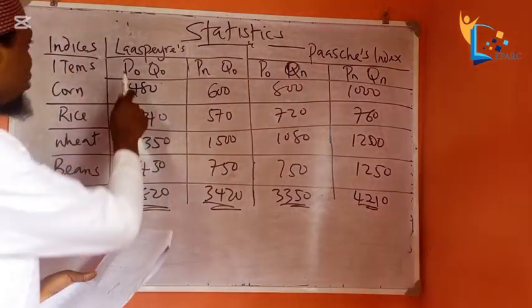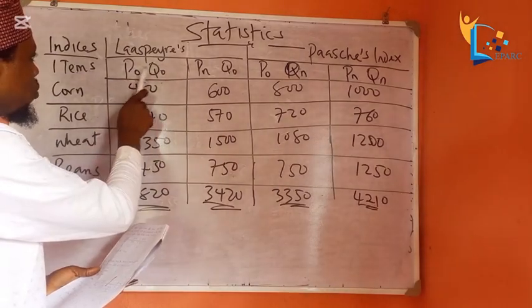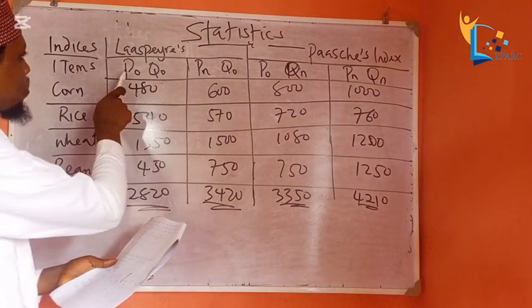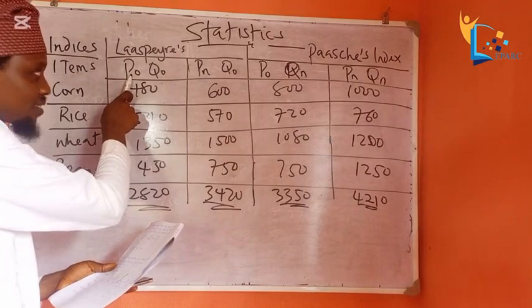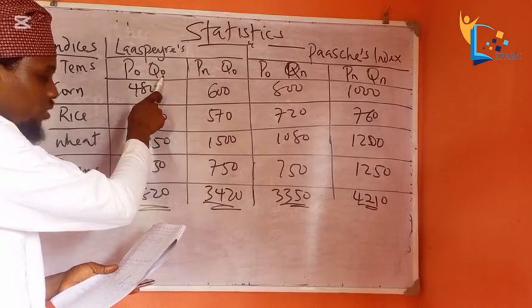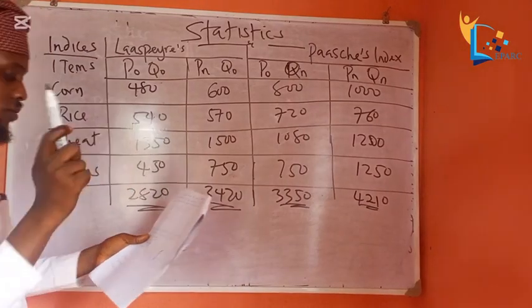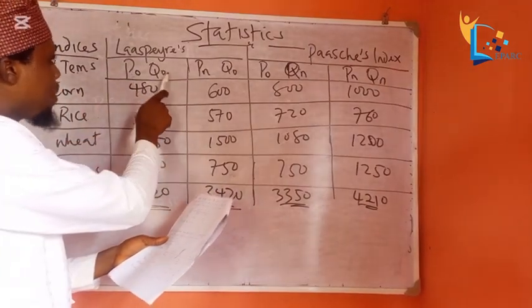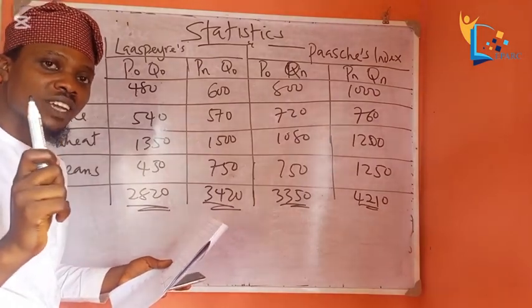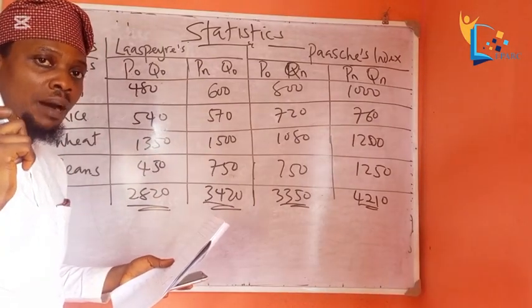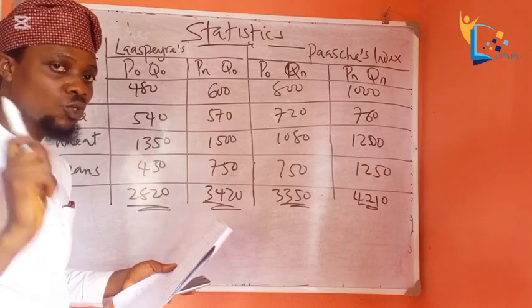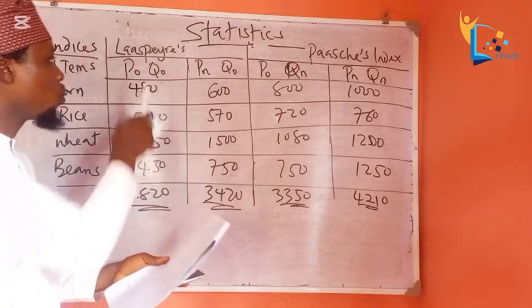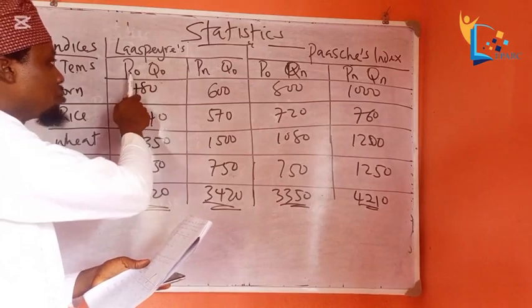Now, how do we get our PoQo? It's by base price times base quantity. 2013 is our base year. So base quantity times base price.